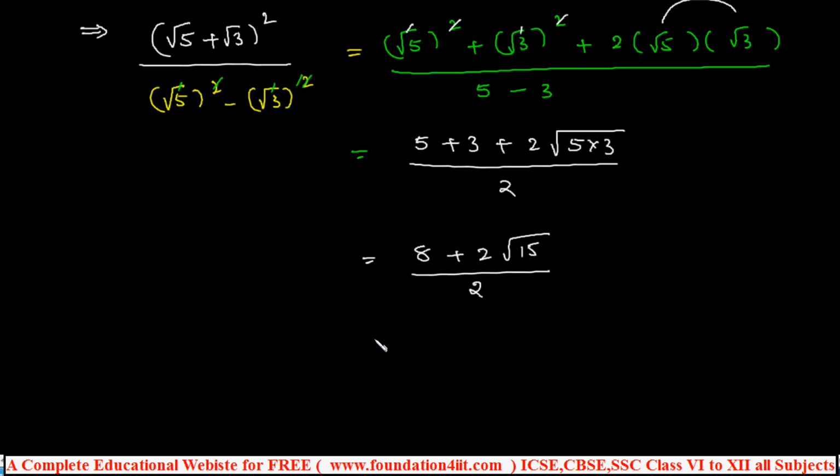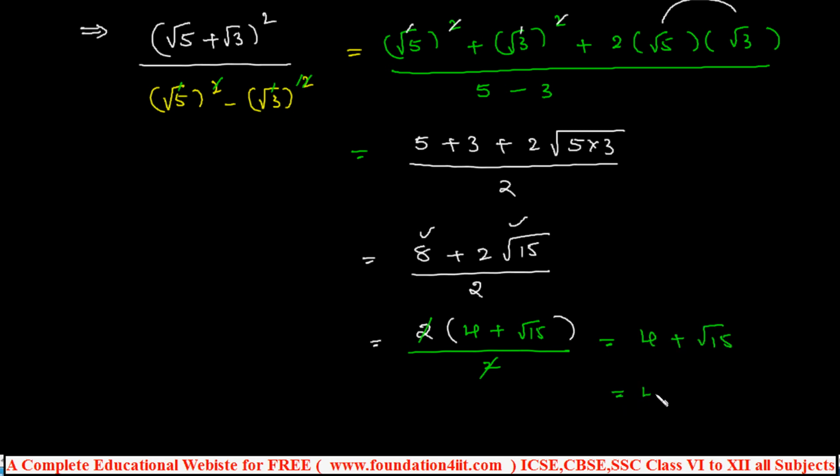Divide by 2. So take 2 common from the numerator, from these two terms. If you take 2 common, it is 4 plus root 15 divided by 2. The 2 cancels, because from 8, 4 is left, and from the other term, root 15 remains. Now 4 plus square root of 15.